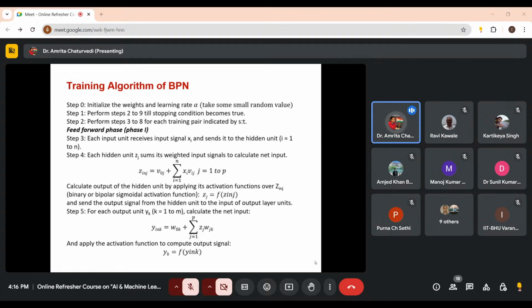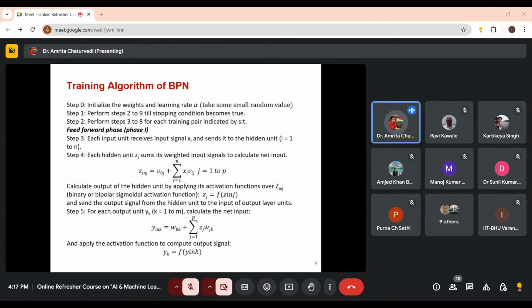So in phase 1, that is the feed forward phase, each input unit receives input signal xi and sends it to the hidden units, where i is equal to 1 to n, because we have n units in the input layer. Then each hidden unit zj sums its weighted input signals to calculate the net input.